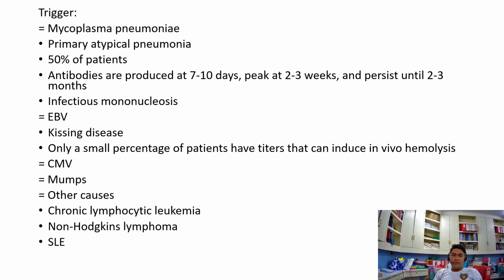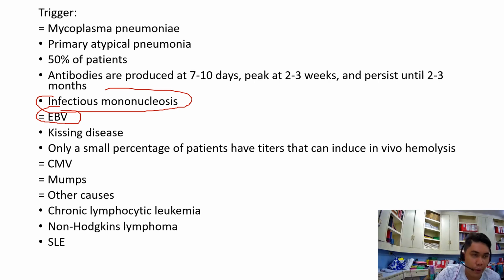Another cause of cold agglutinin production is infectious mononucleosis. The cause of infectious mononucleosis is the Epstein-Barr virus, the causative agent of kissing disease, because the primary mode of transmission of EBV is via saliva.